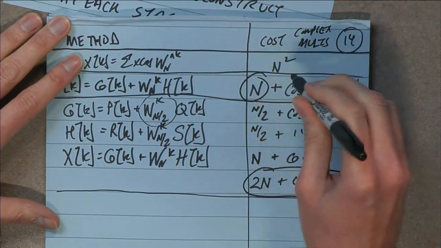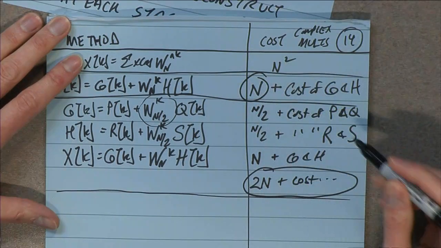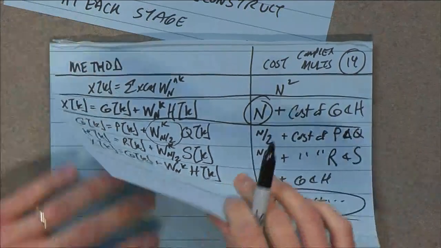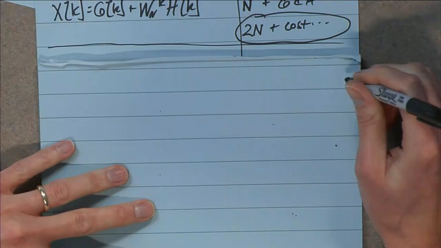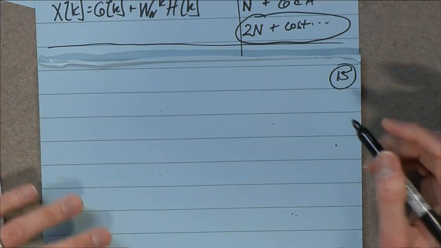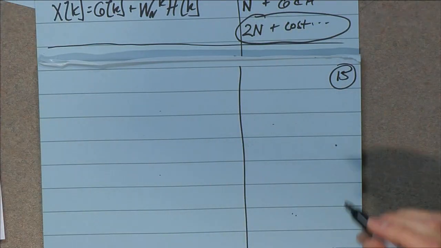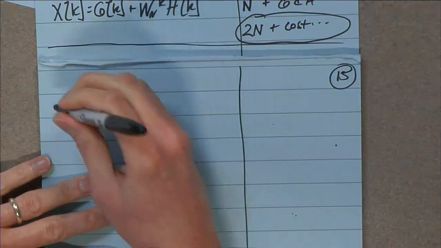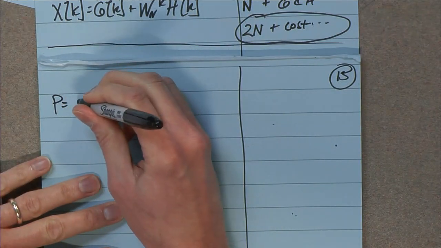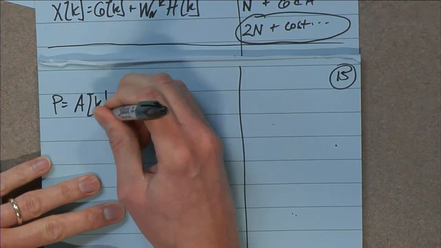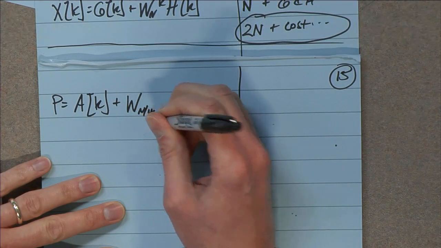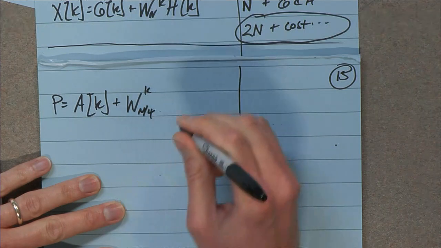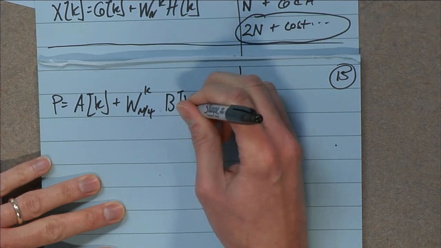So n, 2n plus the cost of everything else. And our final example is, suppose we took it one more step and said, let's let P equal AK plus W. This is n over 4 to the k, and we'll call that B of k.